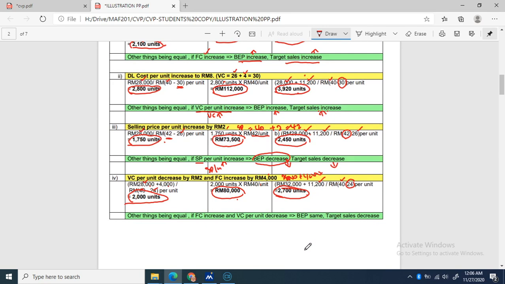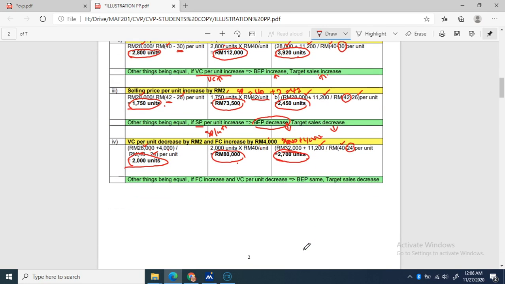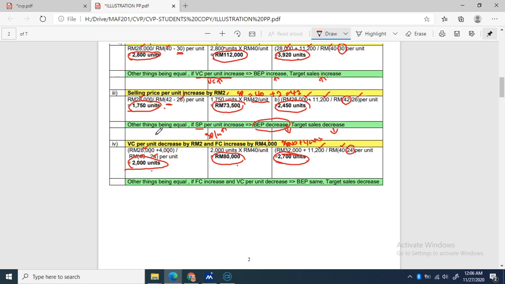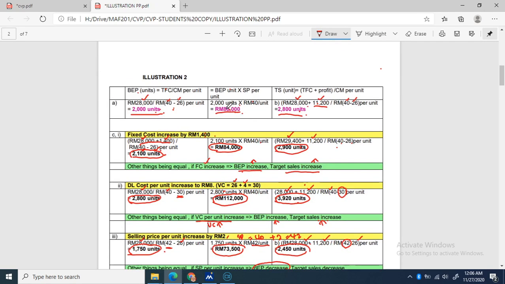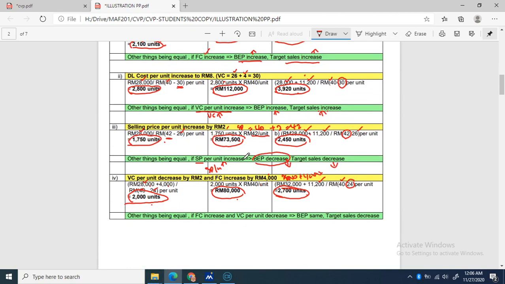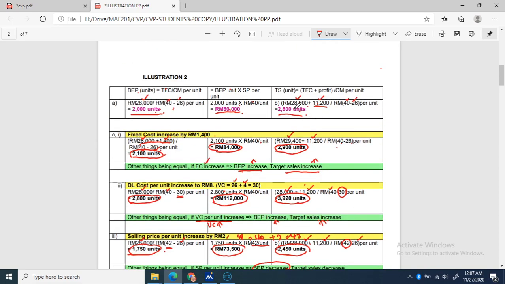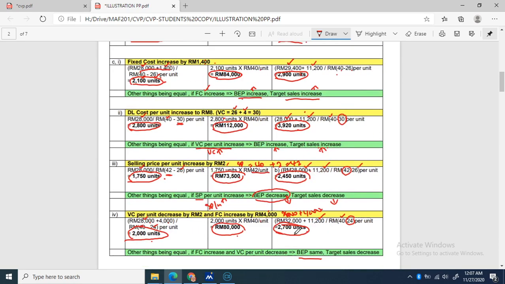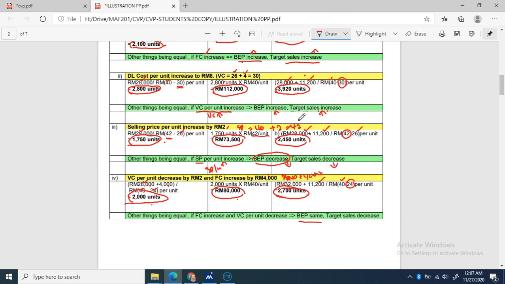If you refer to this example, if other things are equal, that means the selling price is equal. If fixed cost increases and variable cost decreases, BEP 2,000 and 2,000 same, 80,000 and 80,000 same. So BEP is the same. What happened to the target sales? Target sales goes from 2,800 to 2,700. Target sales will decrease.